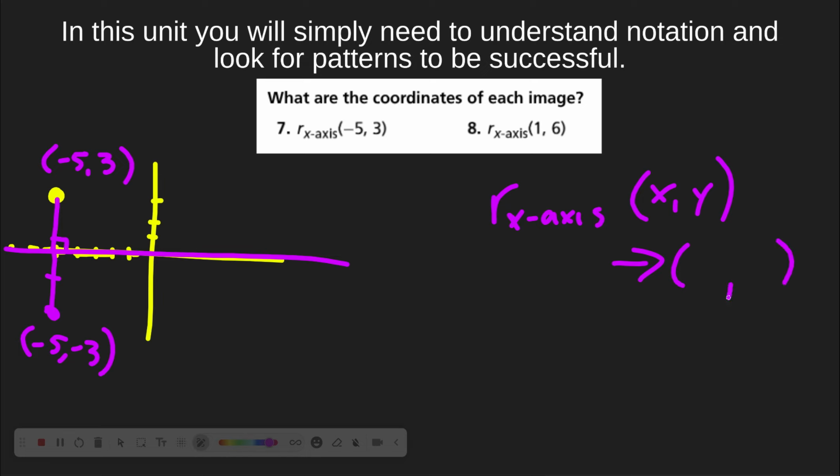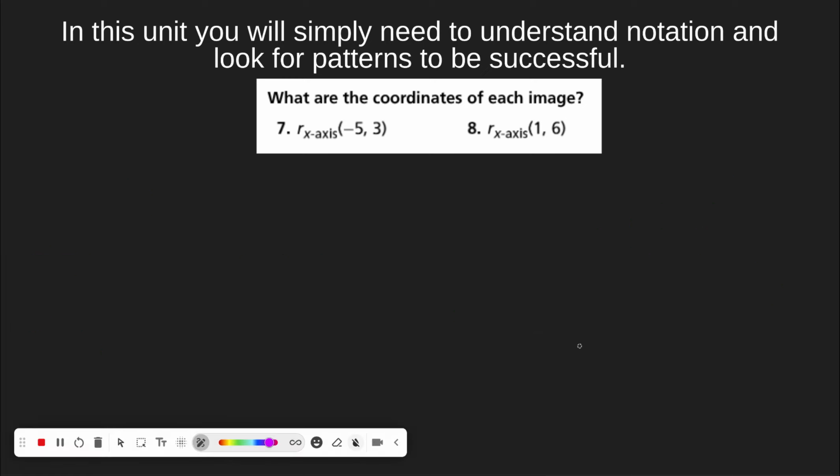X, -y. That's right. Very good. The x value stays the same and the y value has the opposite sign. So number 8, what's the answer to number 8? 1, -6.